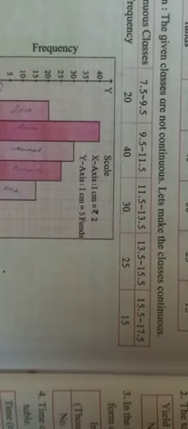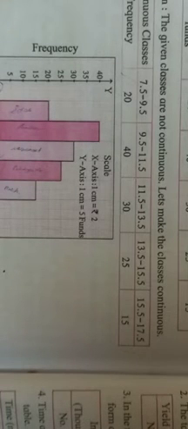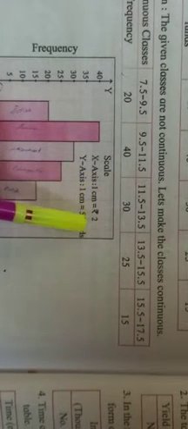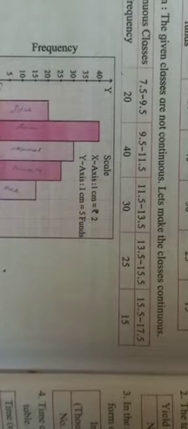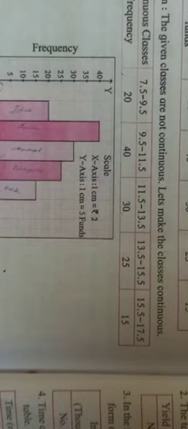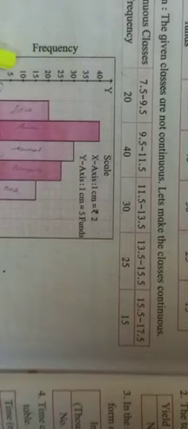And here 7.5 to 9.5, 1 unit is 2. So it's written here on x-axis 1 centimeter is equal to rupees 2. 9.5 to 11.5, differences of 2 units. So 1 unit is 2 on the x-axis, and here 1 unit is 5.